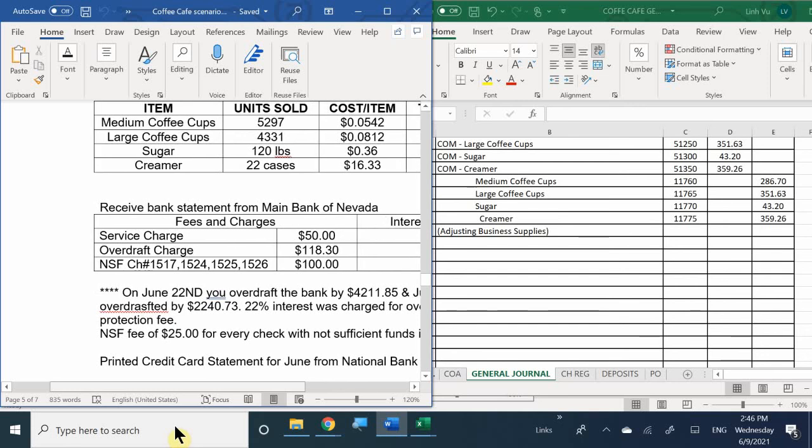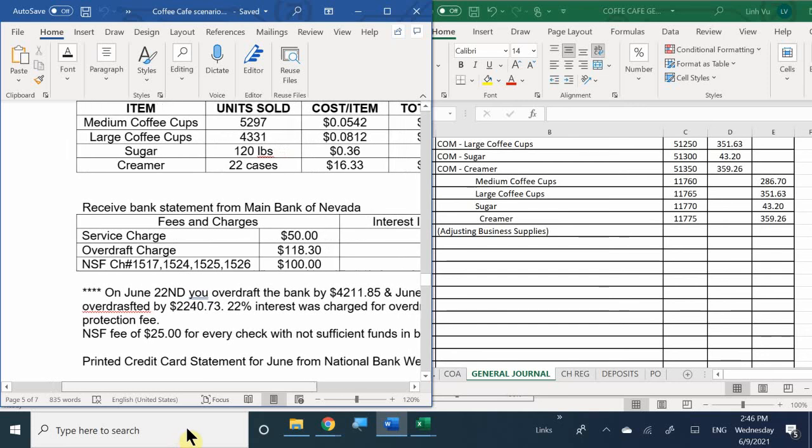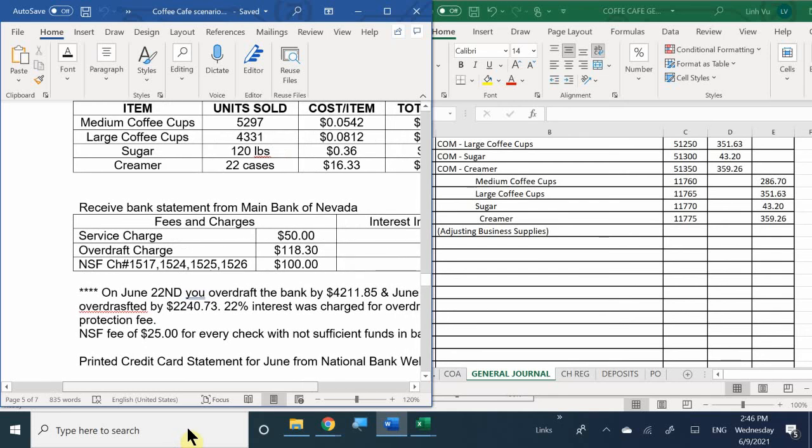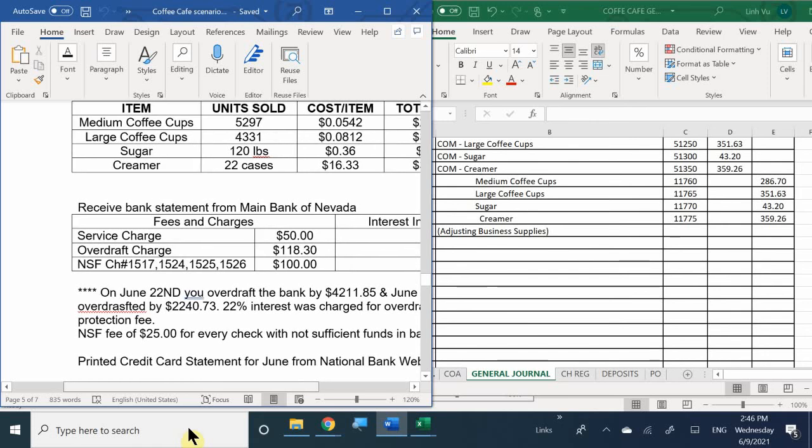All right? NSF checks. We wrote quite a few of them. That's how the bank gets more money out of you, because for every check that you write that you didn't have enough money for, the bank is going to charge you extra money, because even though they overdraft protect you, they have to advance pay that money for you.